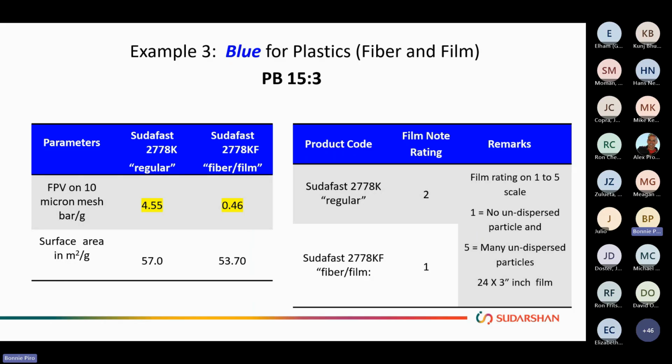Ultimately, for fiber and film, there's a higher criteria from a filter pressure value, as well as a lower mesh scale. So we can see how the changes in the finishing techniques change that filter pressure value significantly. And we see that basically with surface area differences, in that we create a larger, softer particle that can disperse easier in that particular area. And we see the improvement also in the film note rating as well.